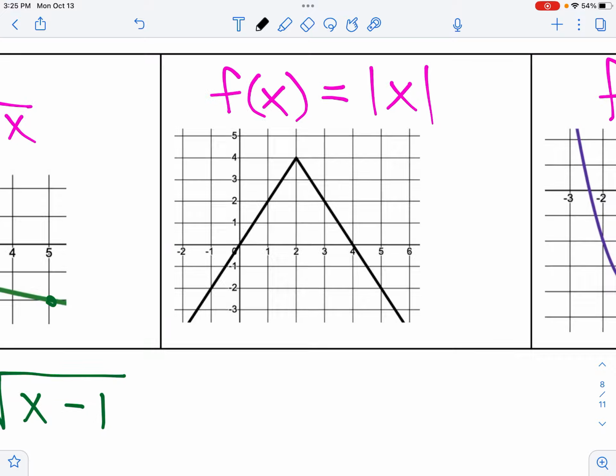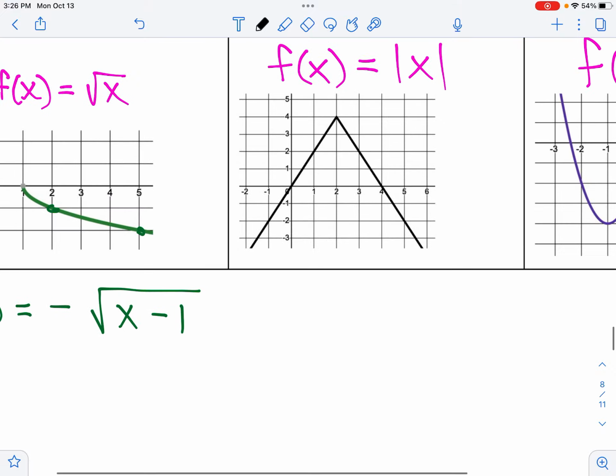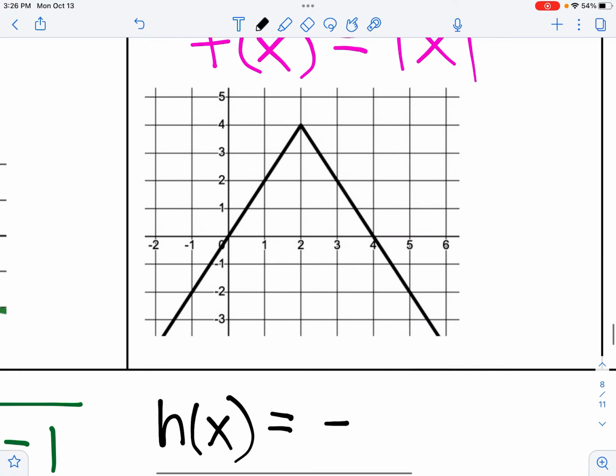Okay, I'll do this. We'll call this h of x. Okay, again, it does look like it's been reflected, right, across the x-axis. It's upside down. Now, normally, I got this point, and then I got 1 and 1, but it's not at 1, it's at 2.